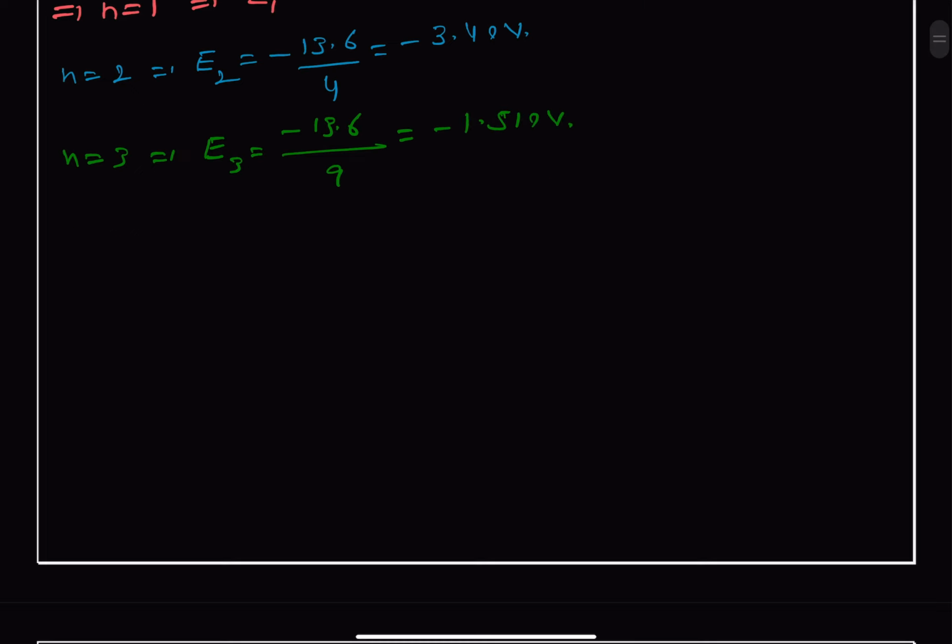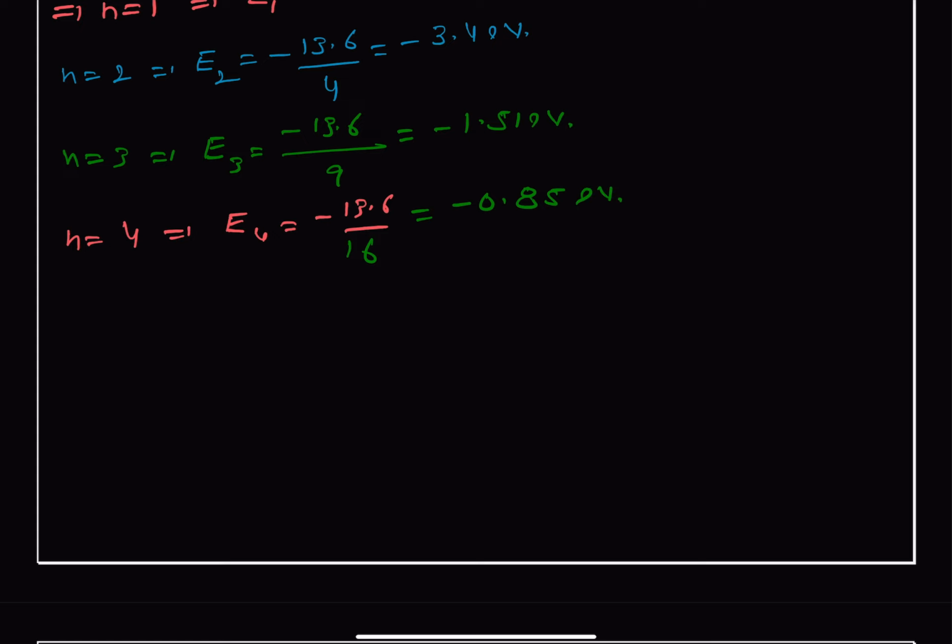And finally n equal to 4, giving us E4 equal to minus 13.6 upon 16, 4 square 16. This will be equal to minus 0.85 electron volt.